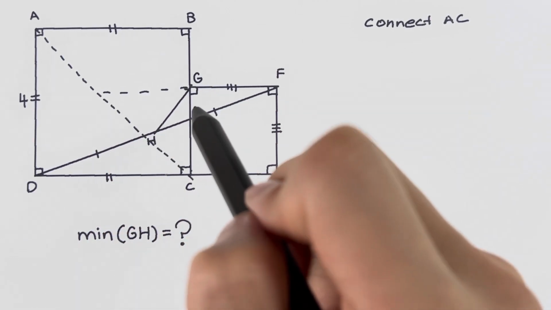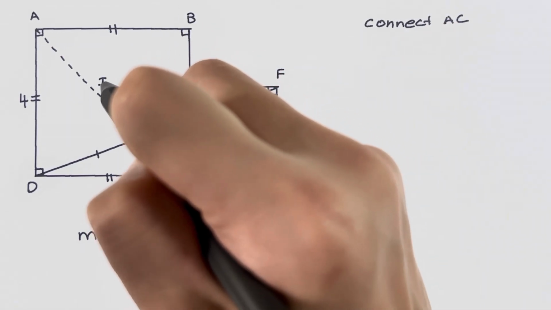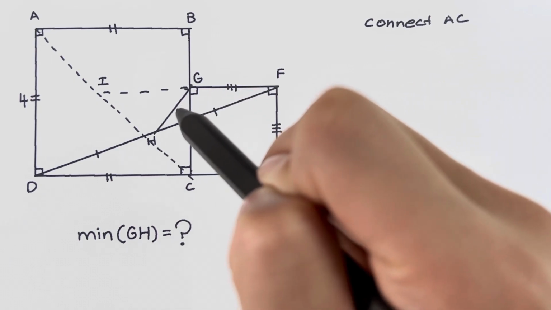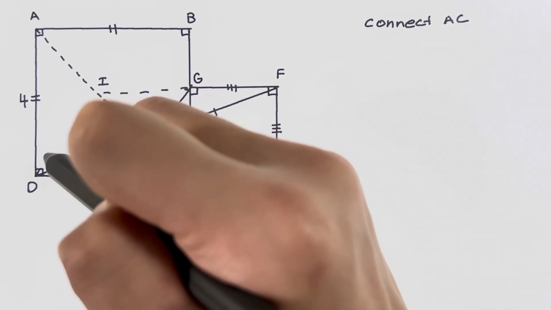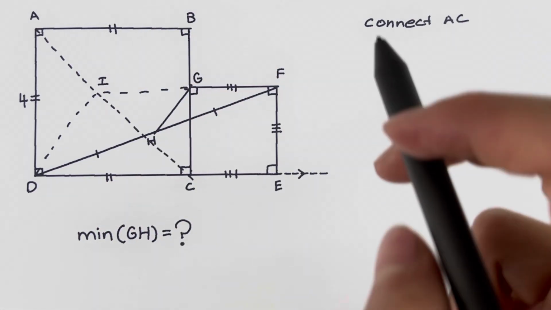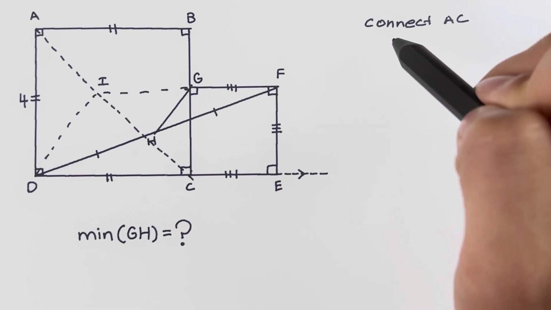And we can call this point I. And then, to complete the triangle, we just connect DI. And then we just need to prove that GH is a midsegment.